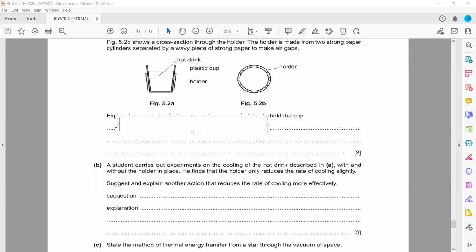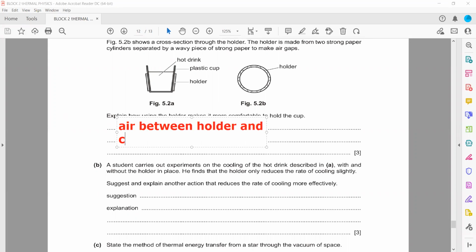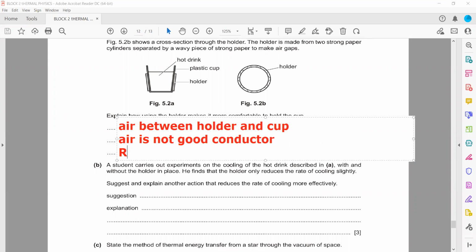So using a holder, basically air is present between the holder and the cup, and air is not a good conductor of heat energy, and it will reduce heat transfer by conduction or convection, because you're not directly in contact.